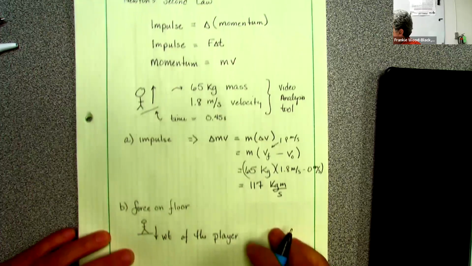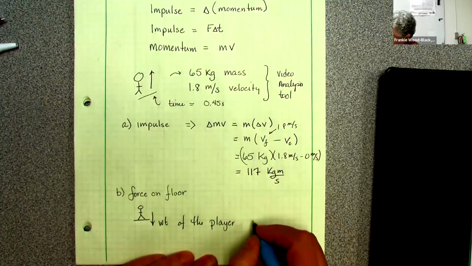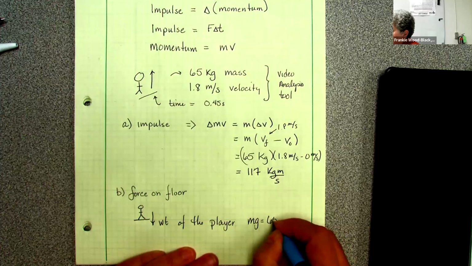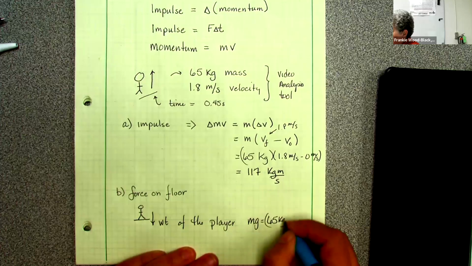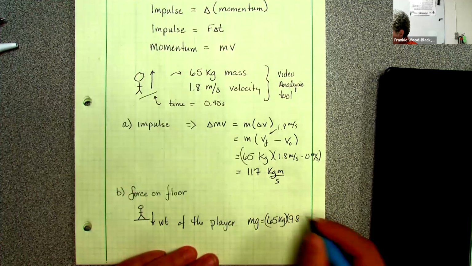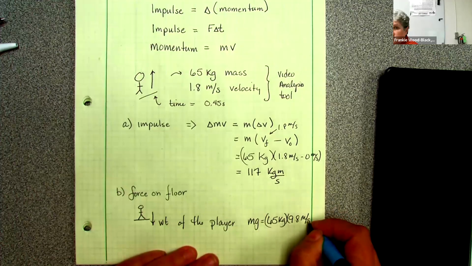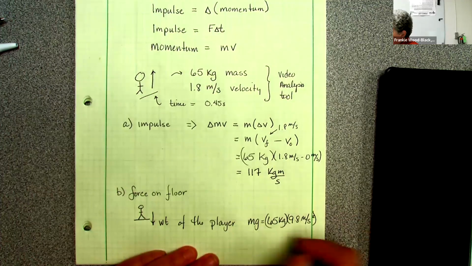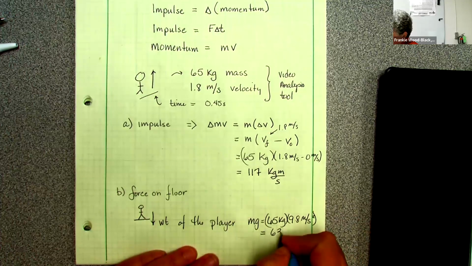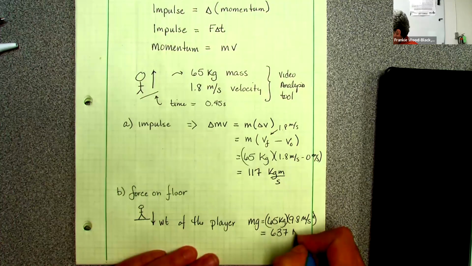So we know what that is. That's just going to be mass times gravity. That's our 65 kilograms, and we've got 9.8 meters per second squared, and we have 637 newtons.